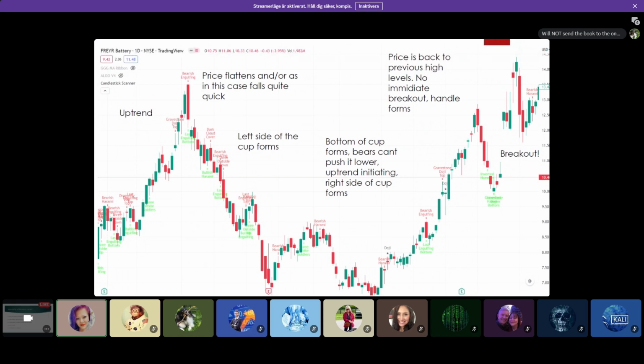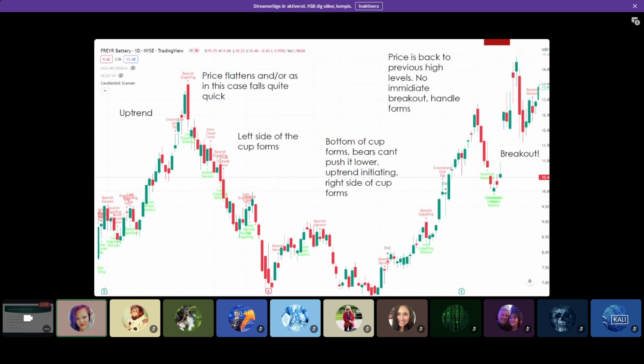Okay, so if we look on the next page, we have a cup and handle. I know it's not perfect like the other pictures showed, but in real life, it's rarely going to be as good as those examples show online. So you kind of have to learn how to read it and learn what the important parts of it are. It may not look exactly like a cup and handle. It may be some crazy stuff that you have to decipher and make sure that those important parts match up.